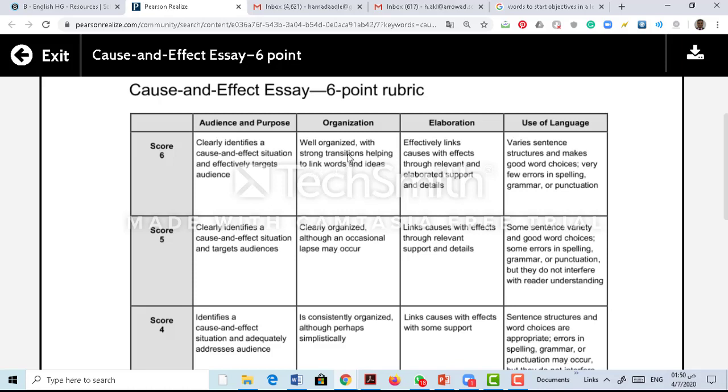It effectively links causes with effects through relevant and elaborated support and details. Your essay also must have a variety of sentence structures and good word choices. Of course you can have errors, but if it has very few errors in spelling, grammar, or punctuation, you will probably receive a score of 6.